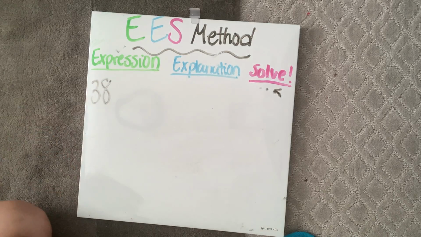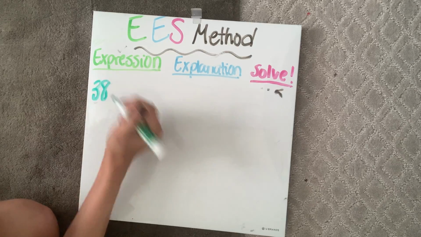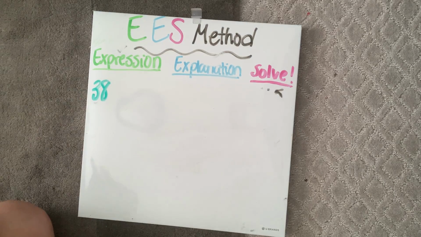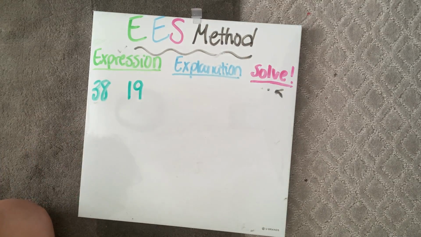38. Let me grab a new marker. This one is not cooperating with me, is it? So 38, next part of my problem. Tiara found 19 seashells. So I'm going to write 19. Now I need to figure out if it's going to be an addition or subtraction problem. How many more seashells did Blake find than Tiara?